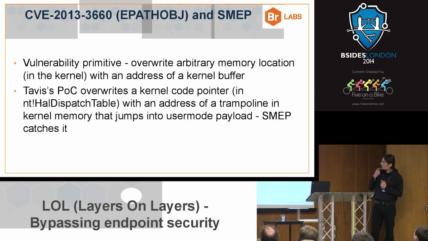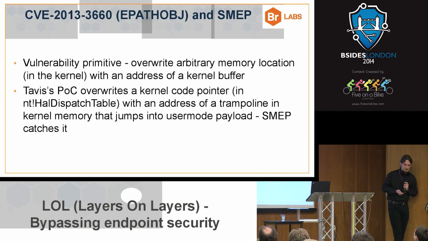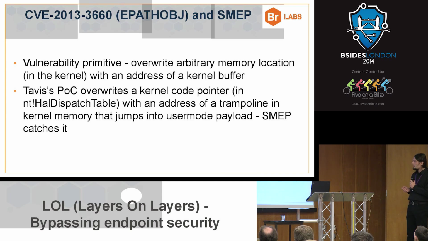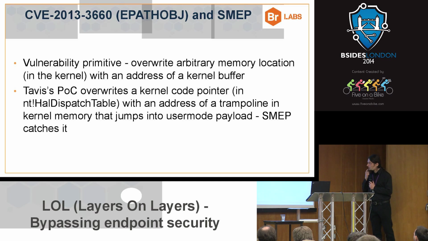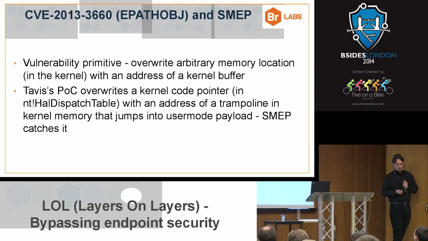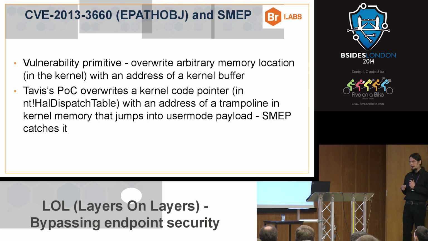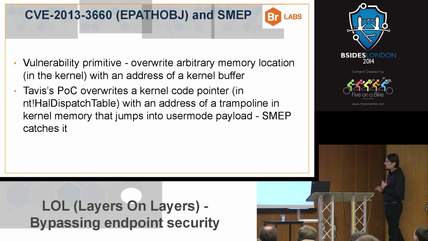So the vulnerability that I studied a little bit for the purpose of this presentation is 2013-3660. This vulnerability primitive allows you to overwrite an arbitrary location in the kernel with an address of a kernel buffer. Let's see how the public proof of concept code from Tavis Ormandy works.